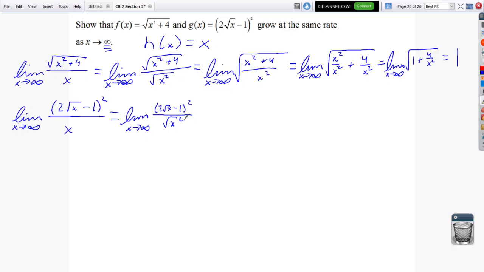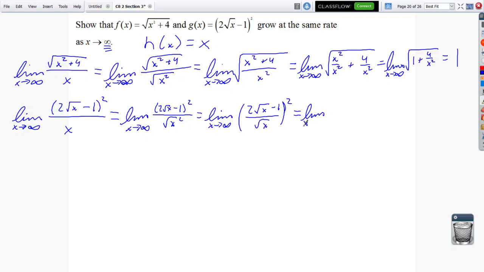And since both the numerator and the denominator have the same power, this can become the limit as x approaches infinity of just 1 squared, we got 2 root x minus 1 over square root of x squared. Now, since my sum is in the numerator, I can split it up.